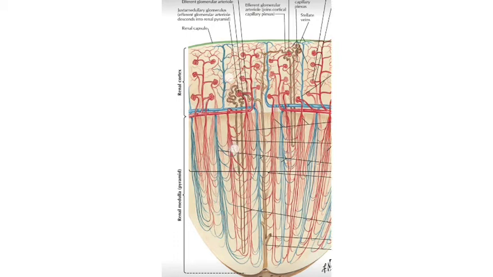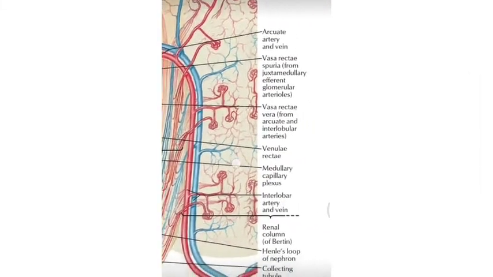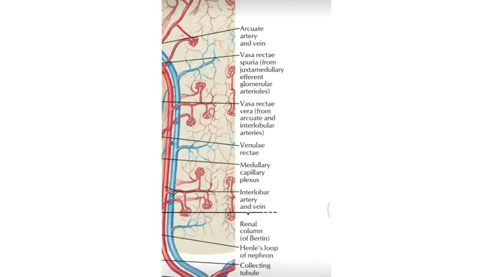Some arteries, as we can see, emerge directly before forming the interlobar arteries. Some arteries will form directly from the arcuate arteries and will dip into the pyramid alongside the loop of Henle, and that is known as arteriolae rectae verae, which is shown over here.